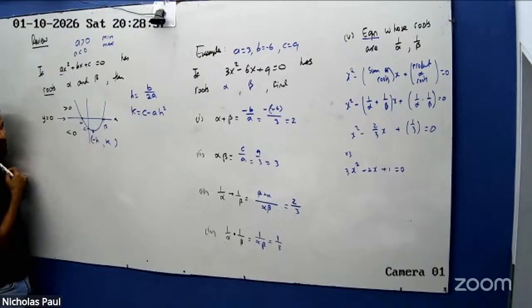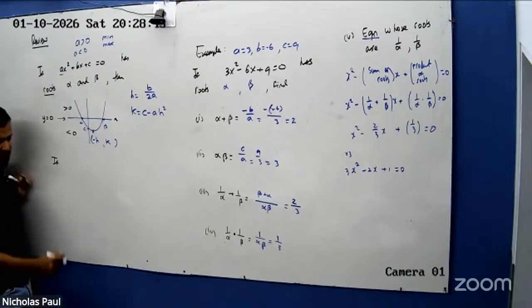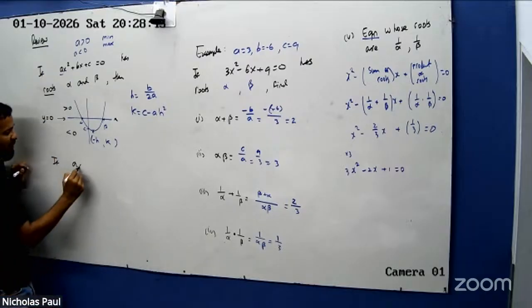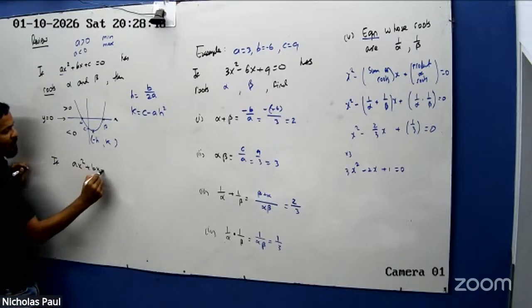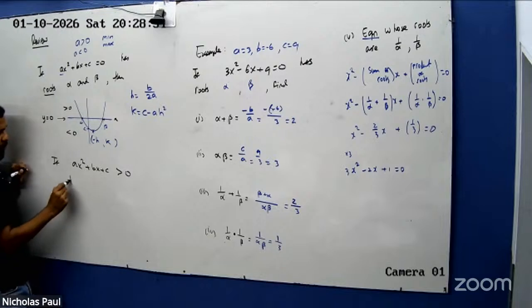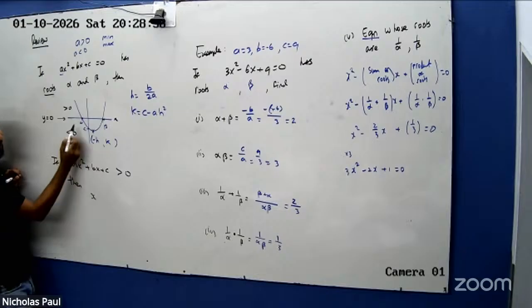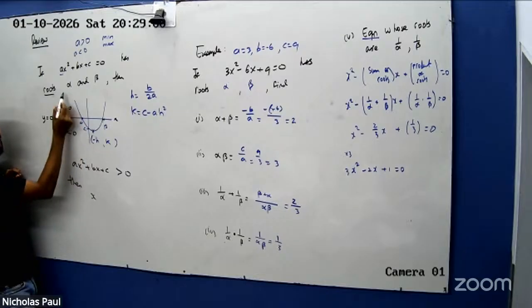Anybody can guess what the solution is? What are the x values? If ax squared plus bx plus c is more than 0, what are the solutions?